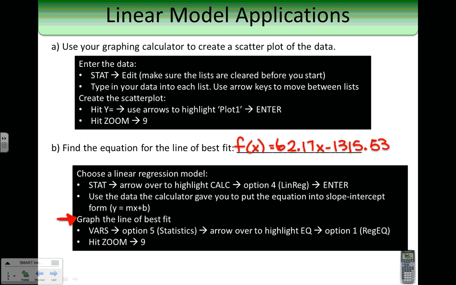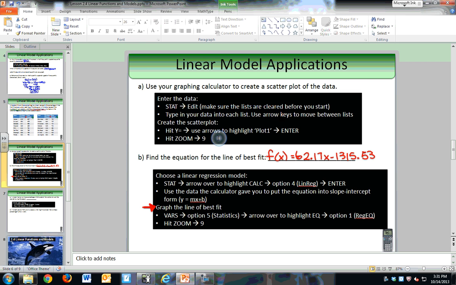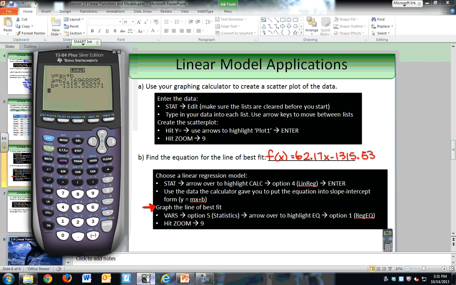Now there's two ways you can graph the line of best fit. You can just go into y equals and enter in that equation that you wrote down. Or there's a way you can put in the exact equation on the calculator so that it's as accurate as possible, with no rounding. Follow those directions there. You go to VARS, option 5, which is statistics.